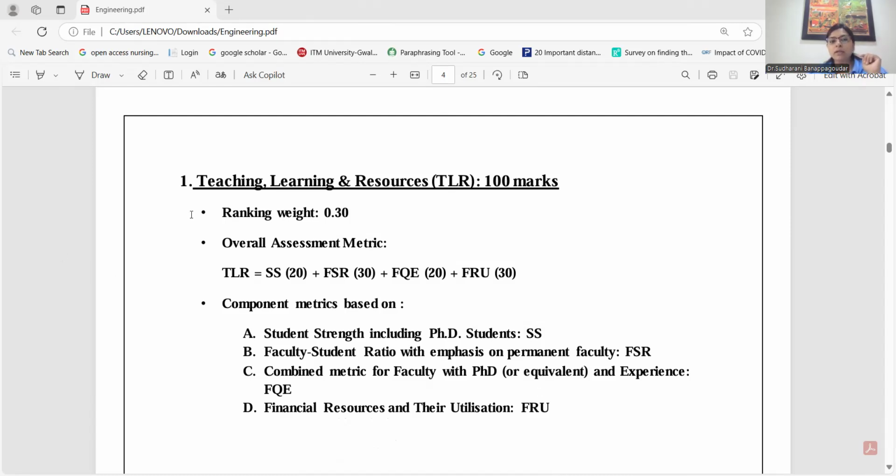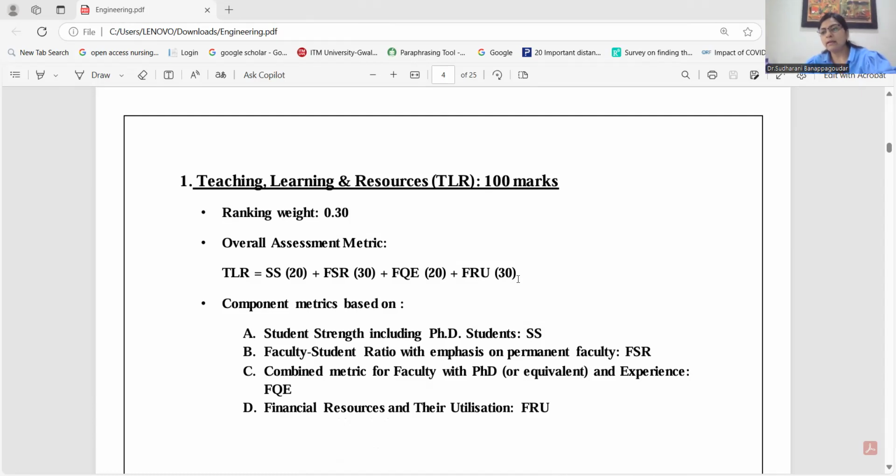The formula is TLR equals SS, which we already discussed, with a weightage of 20 marks, plus FSR, the faculty student ratio with emphasis on permanent faculty, with 30 marks, plus the third metric, FQE, the combined metric of faculty with PhD or equivalent degrees and their experience, with 20 marks, plus FRU, the financial resources and their utilization, with 30 marks.